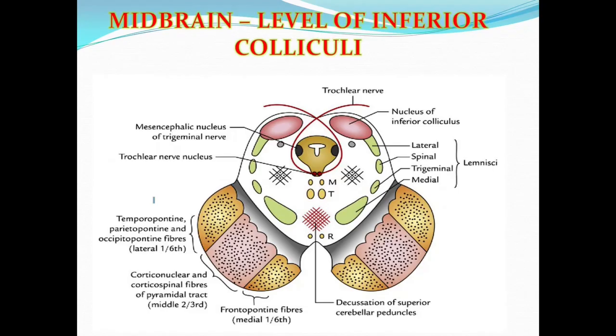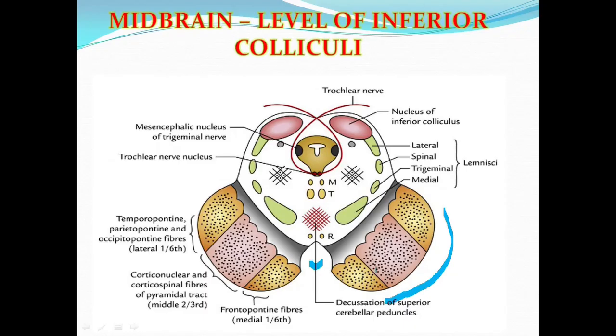When you study the external features, on the anterolateral aspect of the midbrain, that is the interpeduncular fossa, you had the crus cerebri. So now this is our crus cerebri, and this is our interpeduncular fossa.